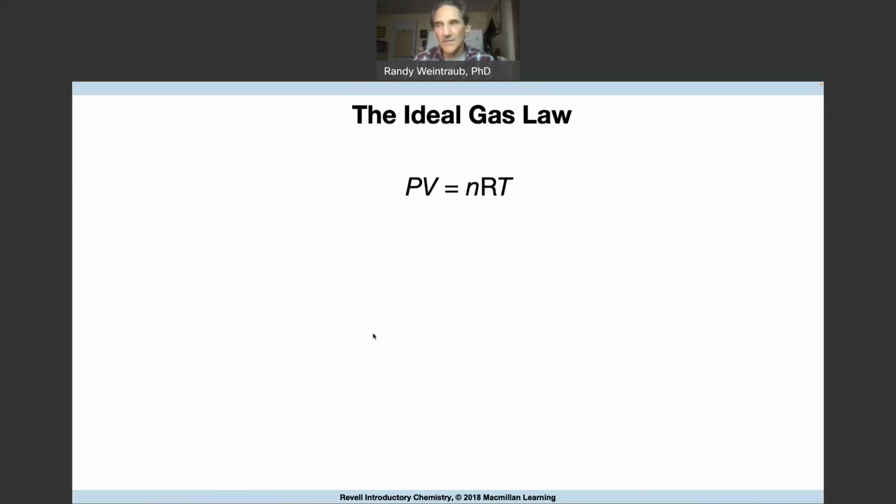And we write this as PV equals nRT, P being the pressure, V being the volume, n the number of moles, T the temperature, and R what's called the universal gas constant.